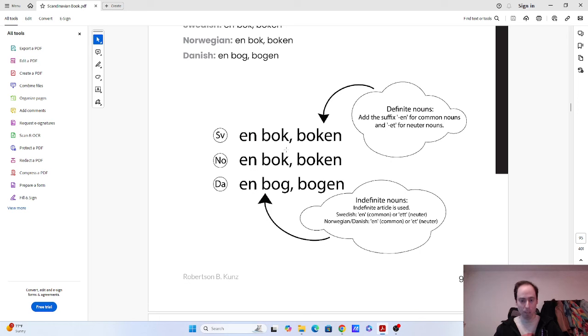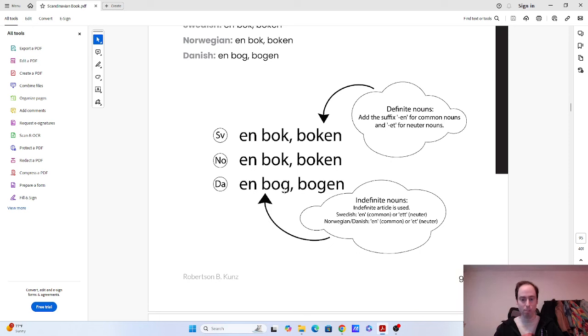But something I want to show you is that in Swedish and Norwegian, with book, it ends with K, which is an aspirated sound. If you put your hand in front of your mouth and say the k sound, you'll feel a puff of air. And if you do the same for the g, then you won't feel the puff of air.